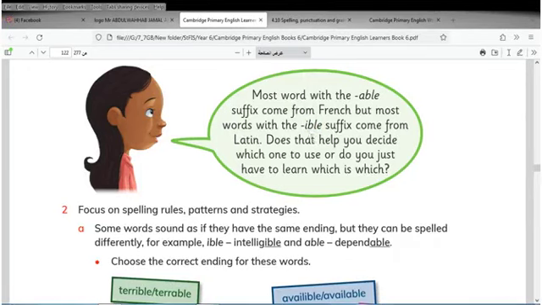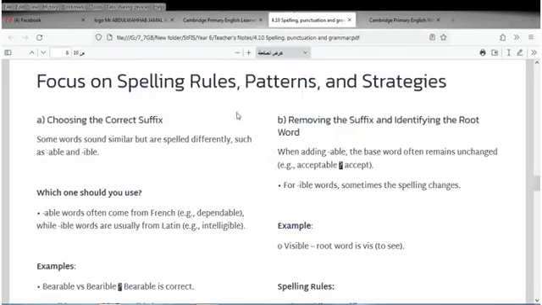Now, in my opinion as a teacher, we are not very keen to memorize which words are Latin and which words are French origin. But we can memorize the spelling, how they are written. So it is something related to practice. They are spelled differently, sometimes using ABLE, other times using IBLE. But they sound similar.